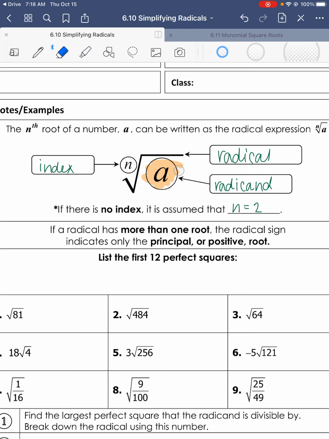Okay, so those are the three parts of your roots. We have the index, the radical, which is the symbol, and the radicand, which is the number underneath. Okay, if a radical has more than one root, the radical sign indicates only the principal or positive root.